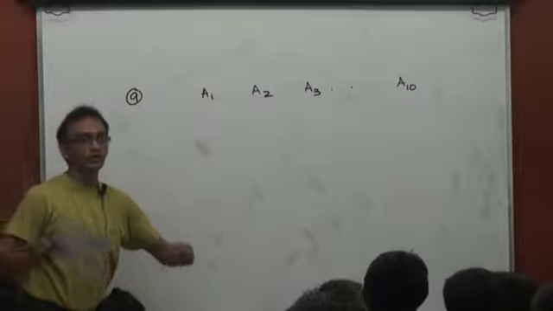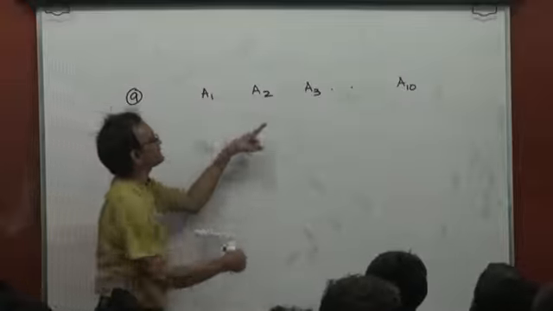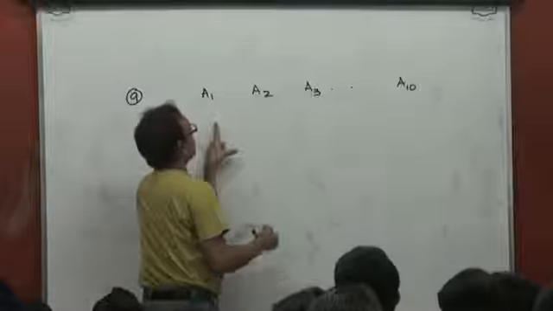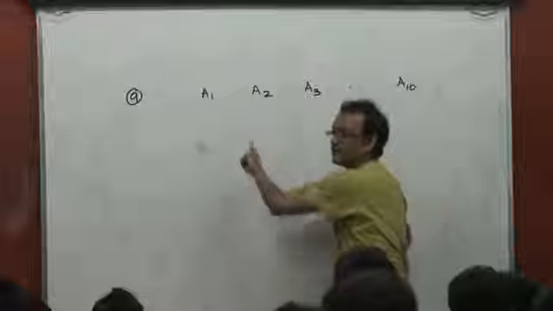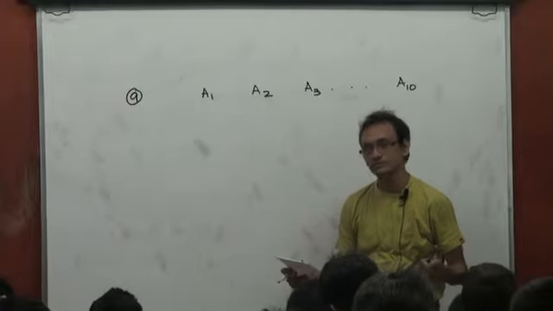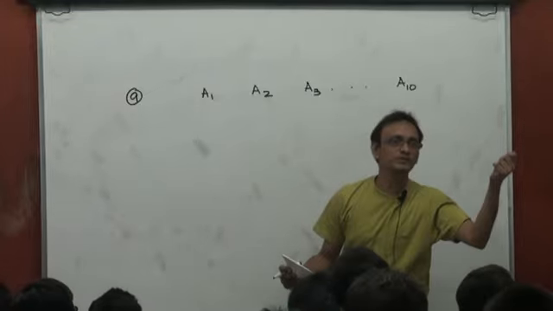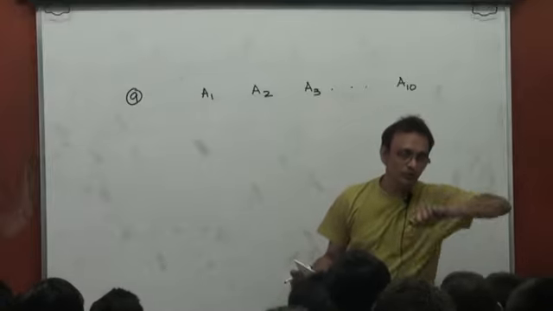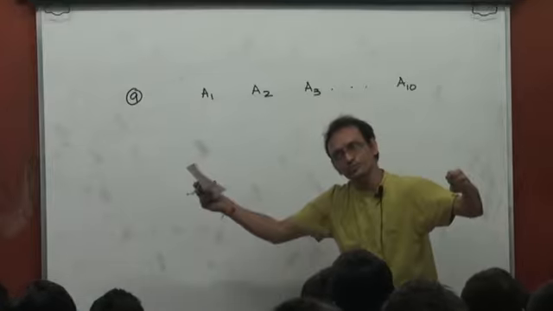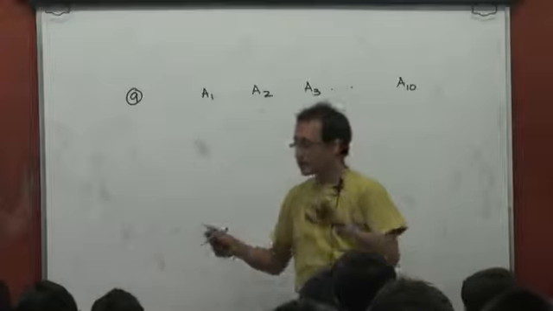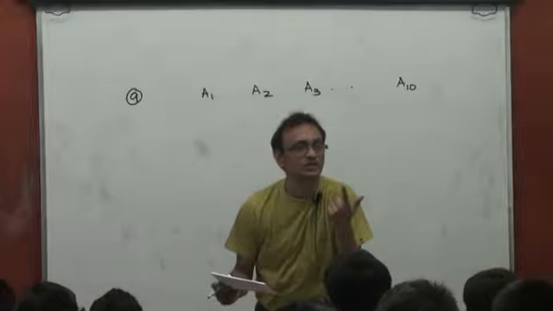Not right above A2, it could be anywhere above A2. For example, if A1 is here, A2 could have been here. So A1 is above A2 always. Not just one position ahead of A2, it could be one or more positions ahead of A2, right? You know what the situation warrants?